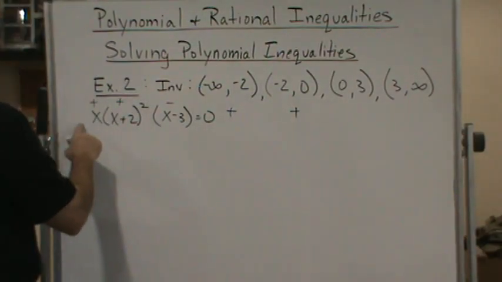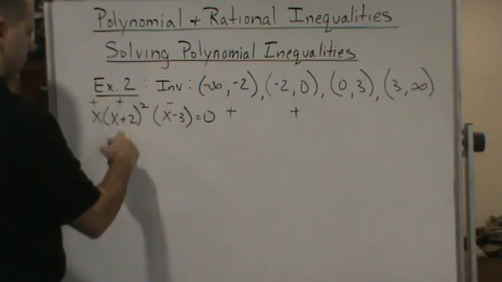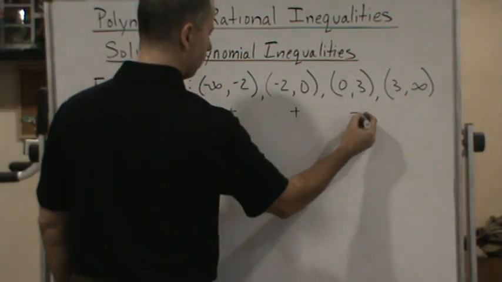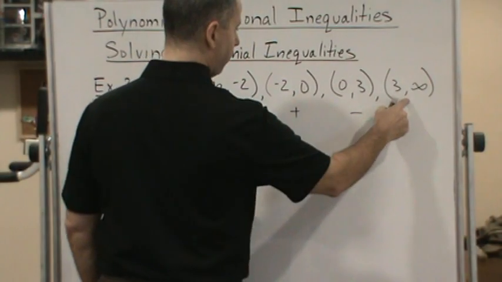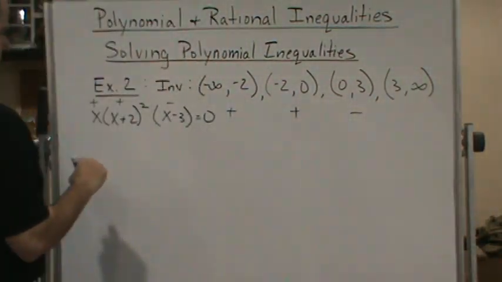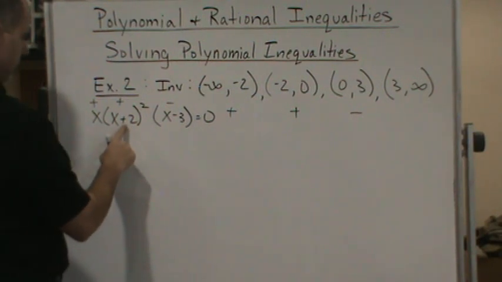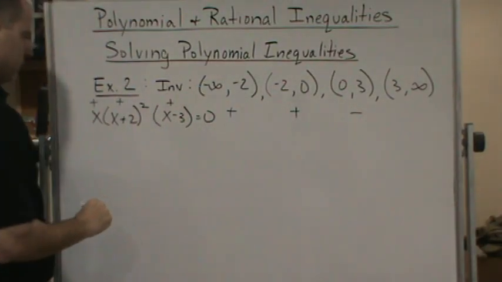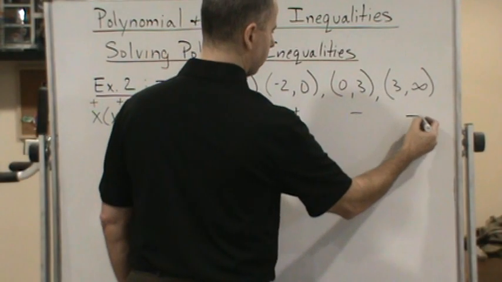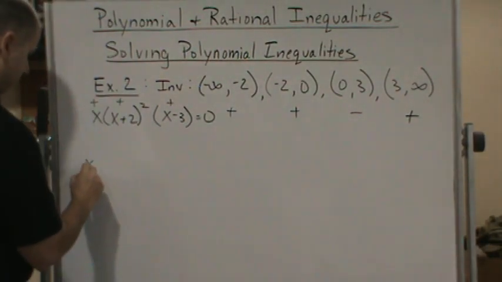So the product, positive times a positive times a negative, is negative. And now going here, let's choose 4. That's going to be positive, this is going to be positive, this is going to be positive, which means the whole thing is going to be positive. So the sign of the function is positive.